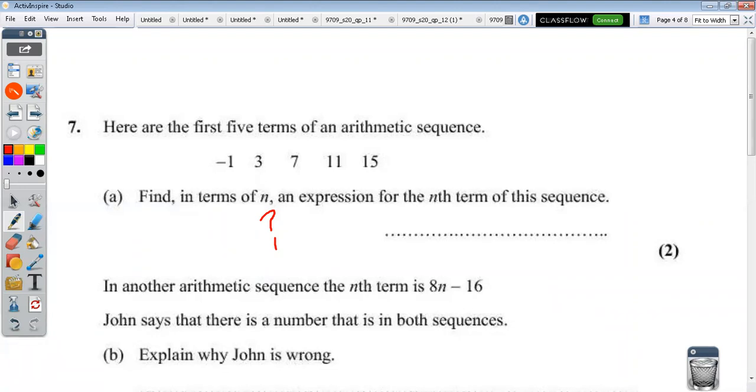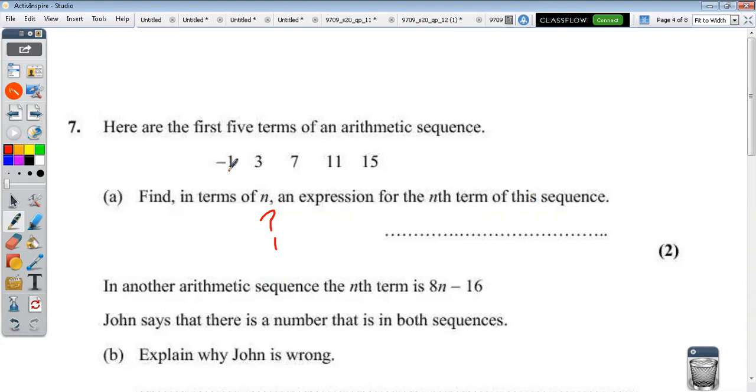Are we done? Cristiano, what's your formula? 4n minus 5.